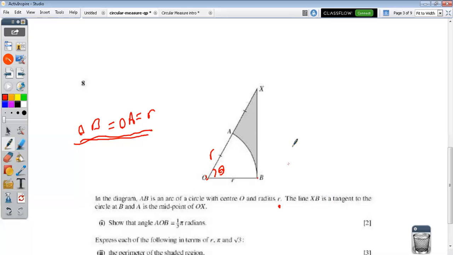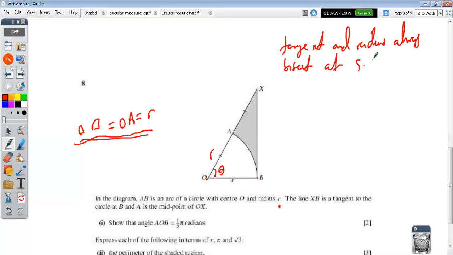So a tangent and radius always bisect at 90 degrees from circle geometry O level. So it means this angle here is 90 degrees, which makes this whole triangle a right angled triangle. This is the angle theta in question we want to prove.